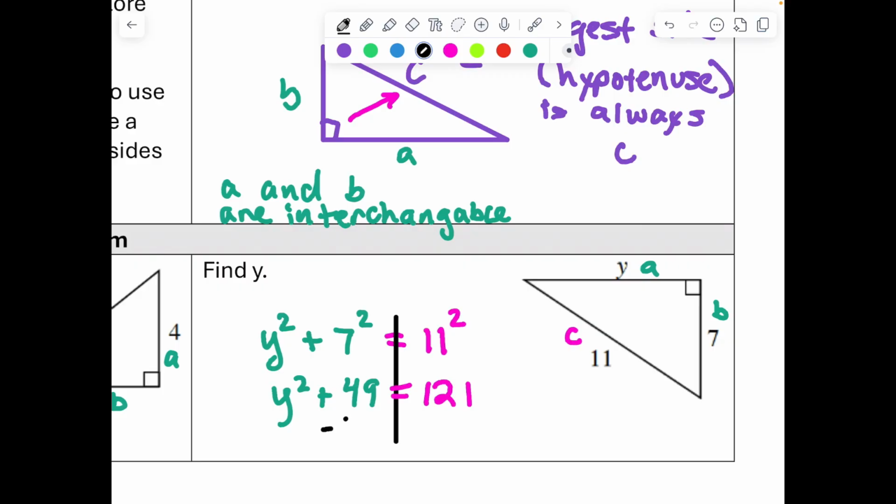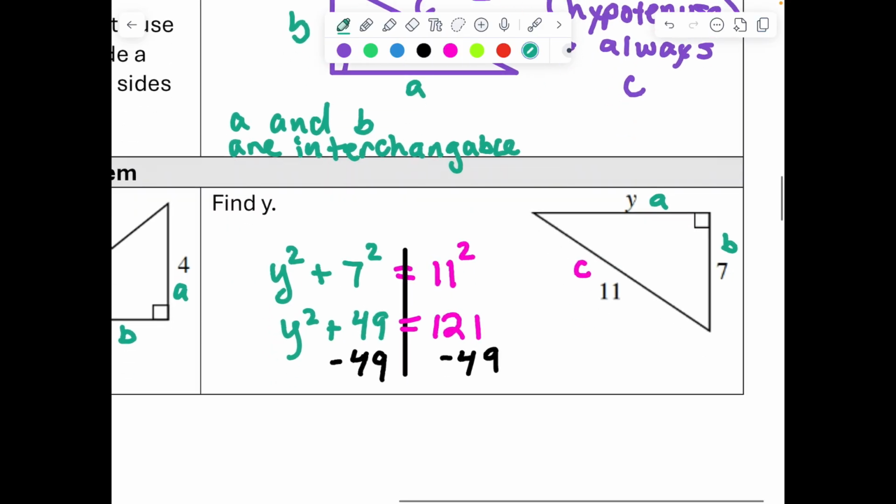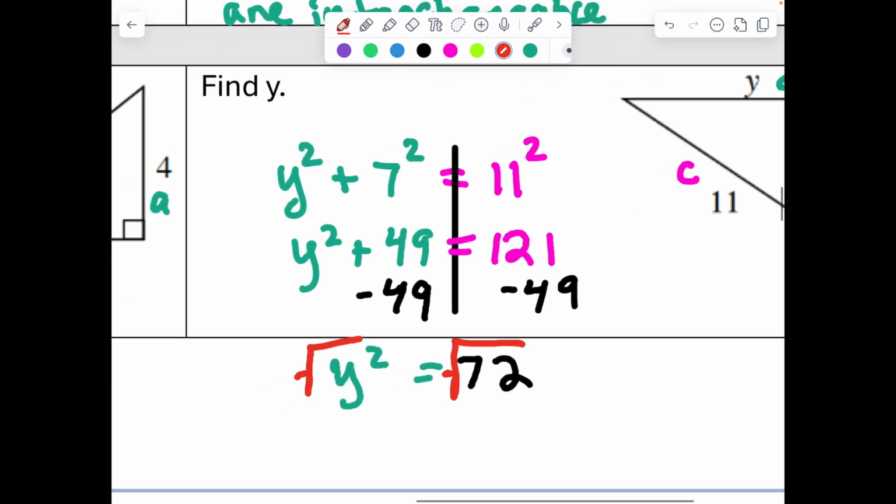In order to get y squared by itself, I can subtract 49 from both sides, so that y squared equals 72. And again, same as before, in order to undo a square, we need to square root, and we'll have to do it to both sides, okay?